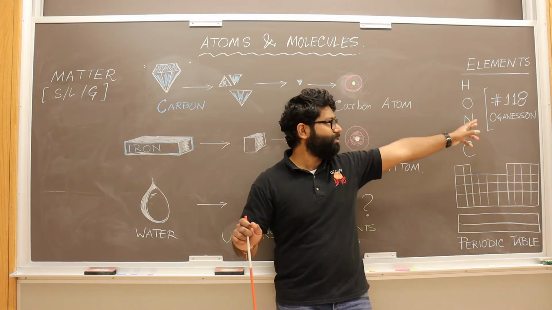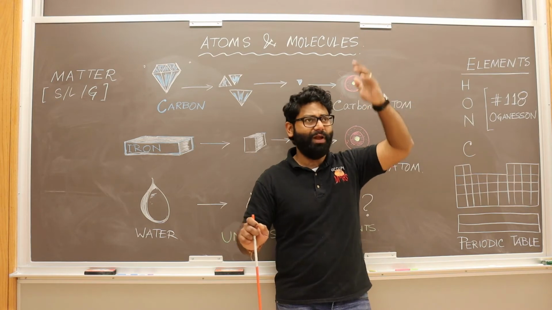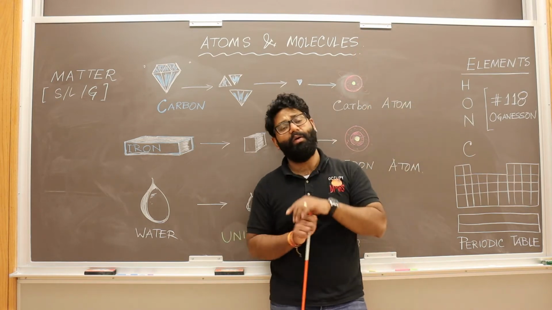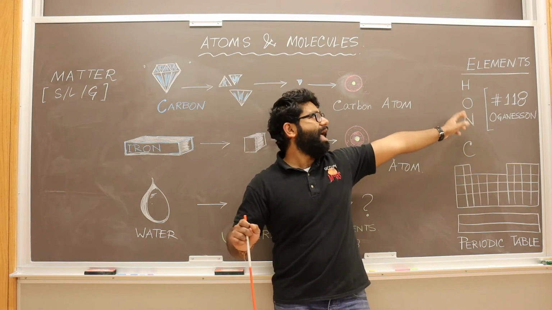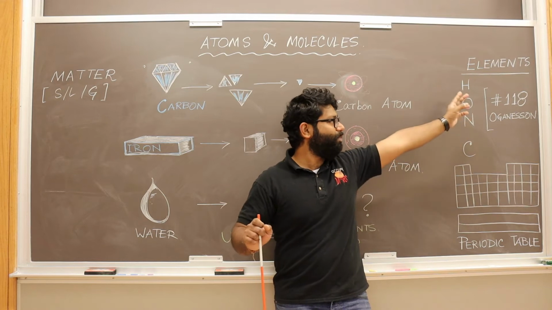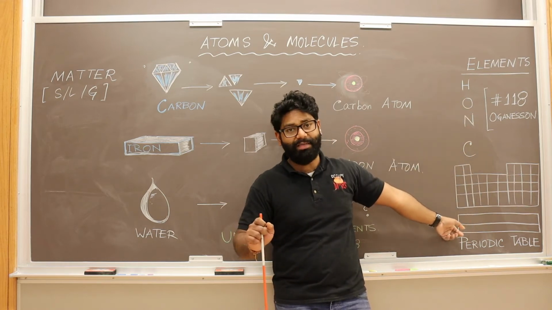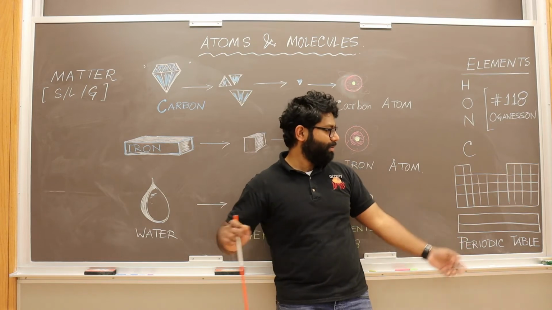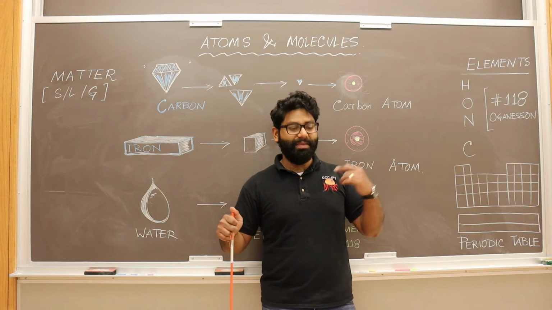We could also have arranged all the elements as a list, a long list, but no. The chemists have come up with a very intelligent way of putting down all the elements in the form of a table called the periodic table. We will study why it's called the periodic table and not the elemental table. Periodic means recurring.